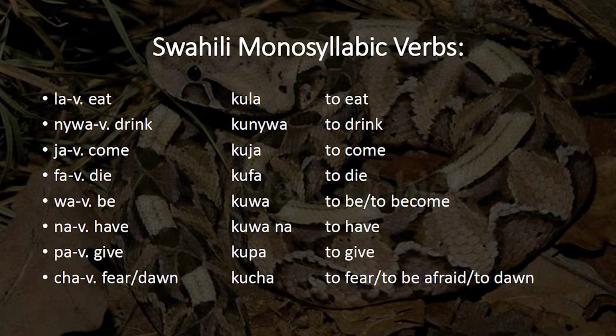So, the first verb is la, which means eat. The infinitive form is kula. Next you have nywa. Drink. Then you have kunywa. To drink.